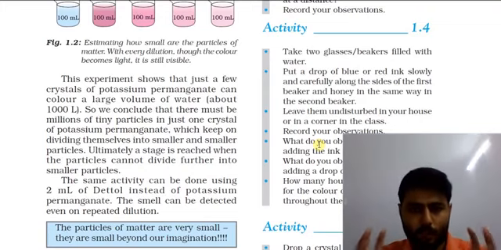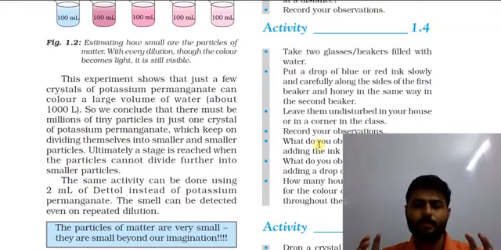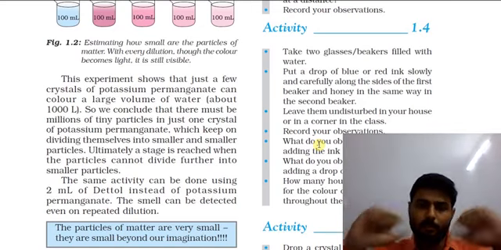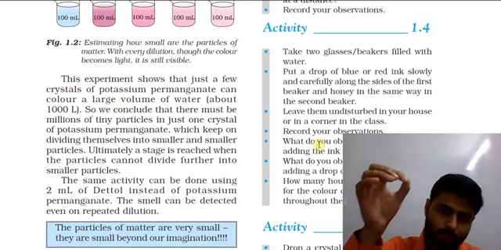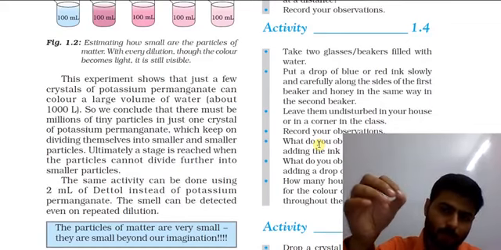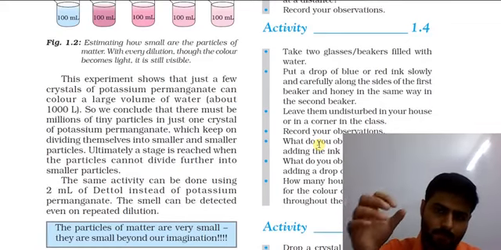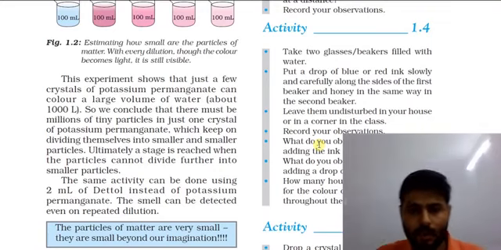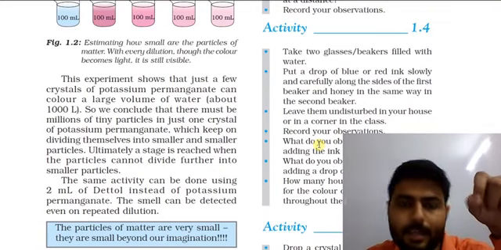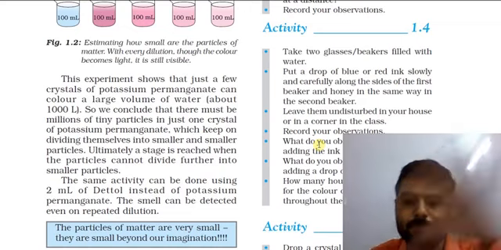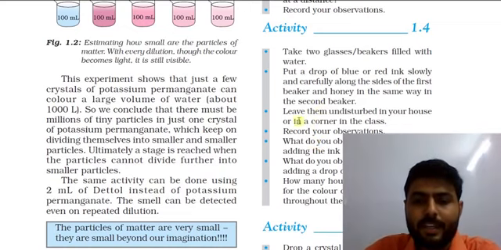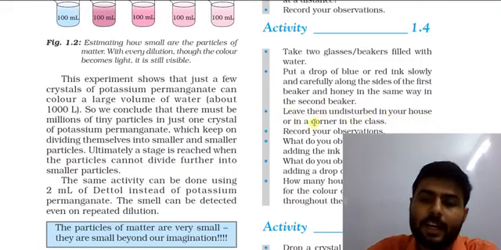We take two beakers, fill them with water, and in one beaker we put a few drops of ink. It may be blue or red, and in another beaker we put a drop of honey. Leave them undisturbed in your house or in a corner of the class.